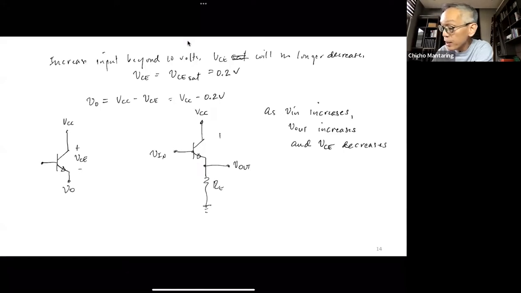So this is the value of VCE, right? As I increase V in, my V out will increase and my VCE will decrease.